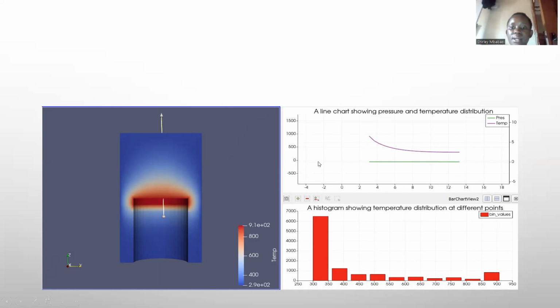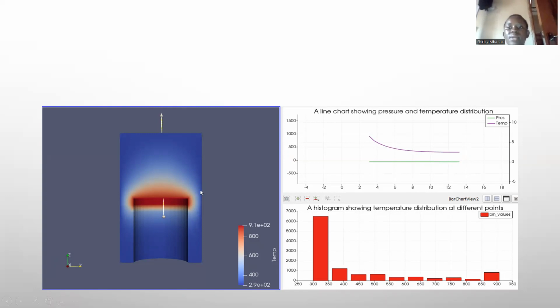We can see that pressure is constant at different stages of distribution. Like we can see here, the pressure is high, but it's constant.